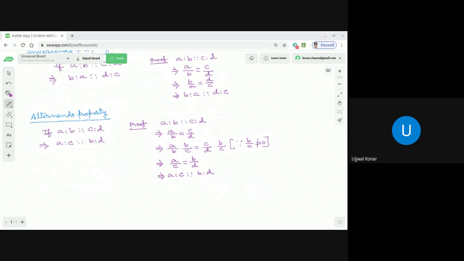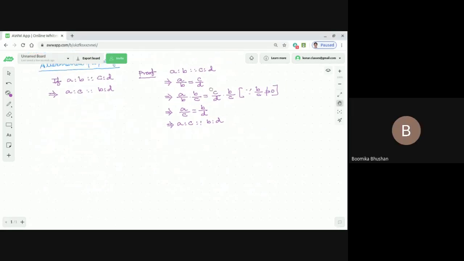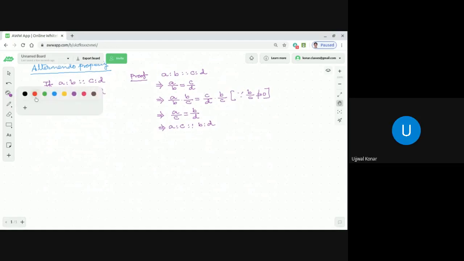The third property we are going to discuss is called the componendo property. So what is the componendo property? That we are going to discuss now. At any point, if you have any question or difficulty in understanding any particular step, never hesitate to let me know. Okay, sir. Next property is called the componendo property.